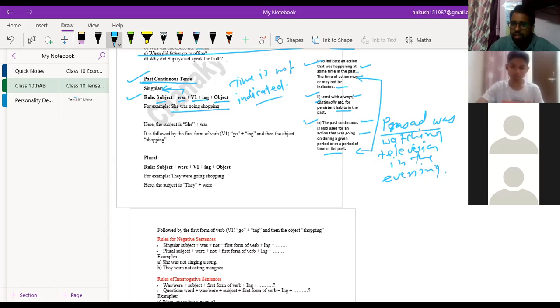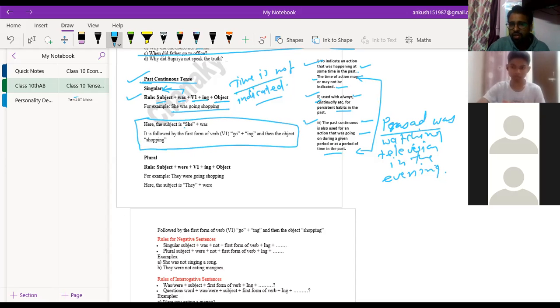Are you getting it? That is why it is written here: the time may or may not be indicated in past continuous tense. Did you get it? Okay. Yes, sir. Here it is just an explanation of the example I have given above.